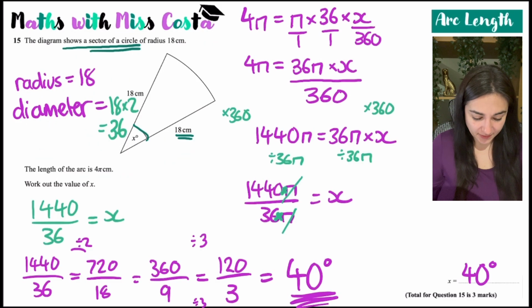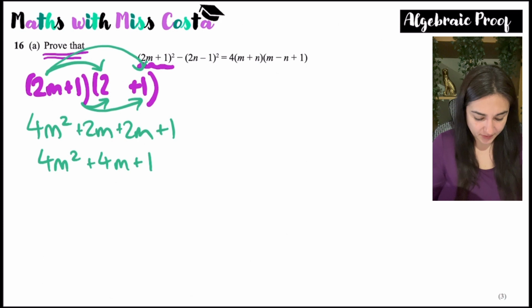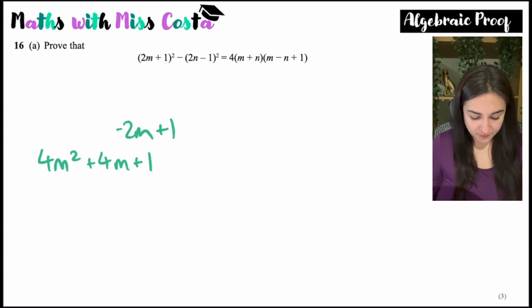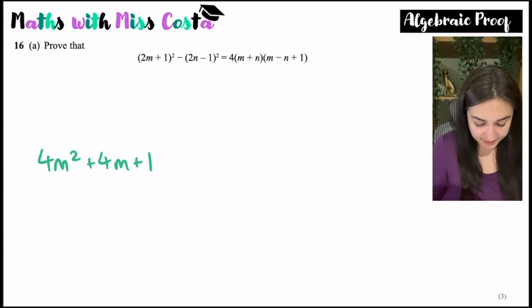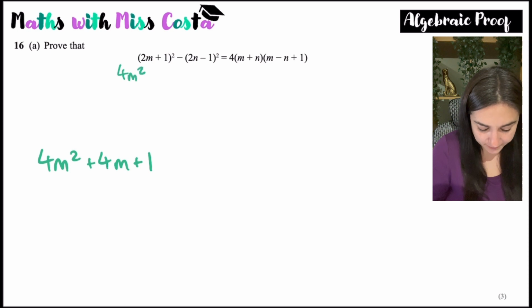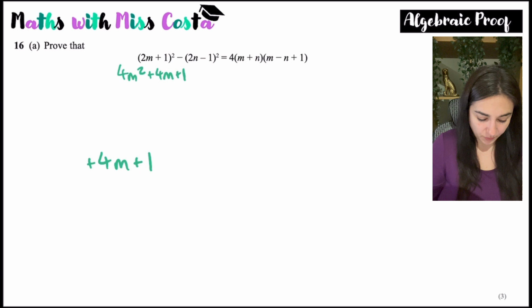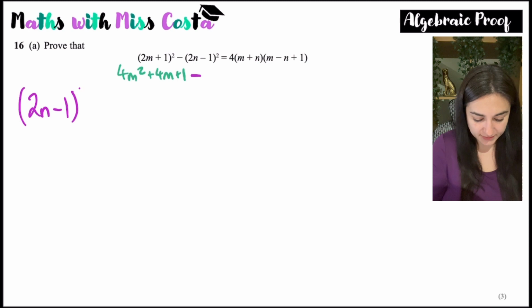So I know that this bracket here expands to 4m squared plus 4m plus 1. Now what I want to do is expand the next bracket. So 2n take 1 squared is going to be 2n take 1 multiplied by itself.